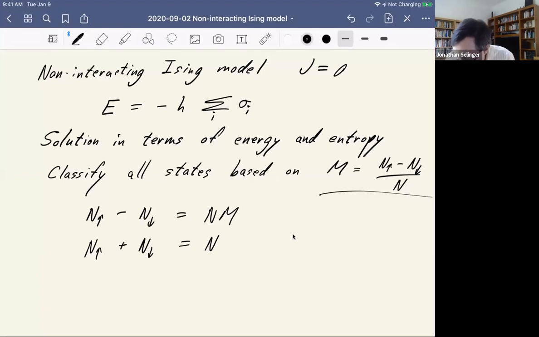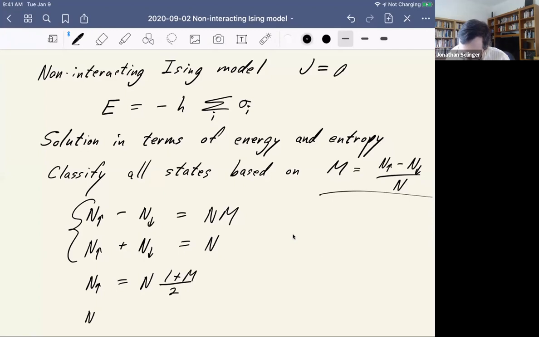Okay, this is two equations and two unknowns for n up and n down. Okay, and if I just want to solve these equations, I'll just show you the solution: n up is the total number N times (1 plus m) over 2.